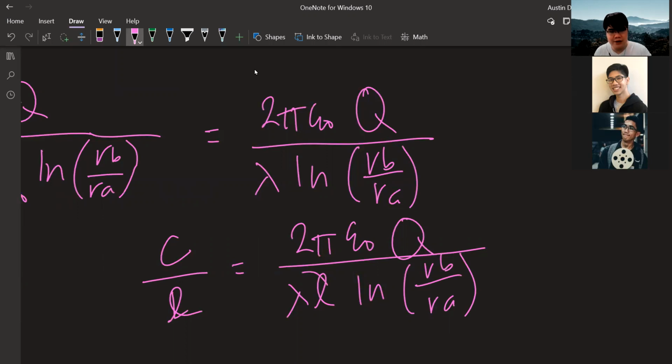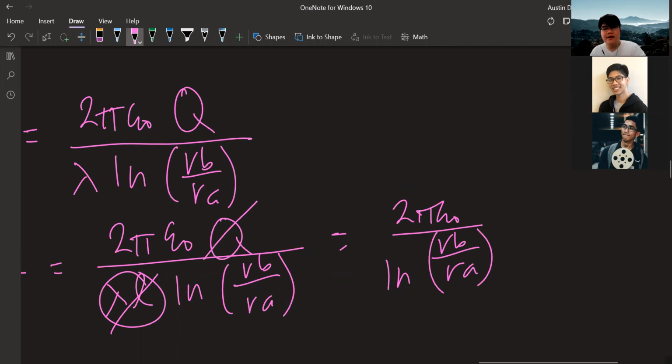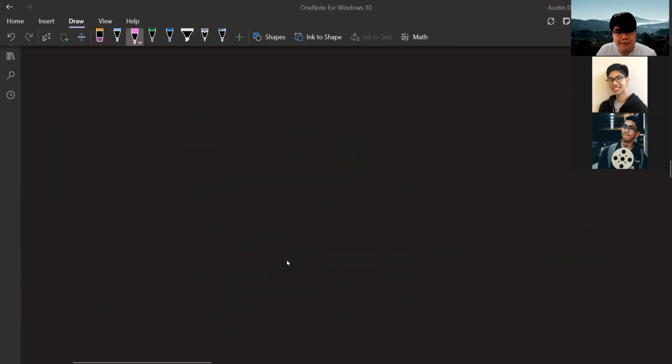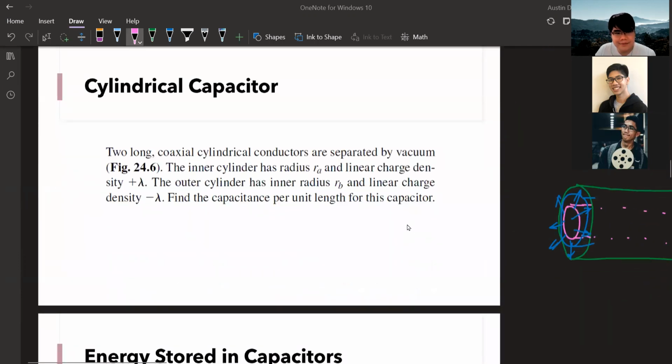But this is total charge also, and that cancels out with that. And we're left with 2 pi epsilon naught over ln RB over RA. Okay, so that's the final answer.